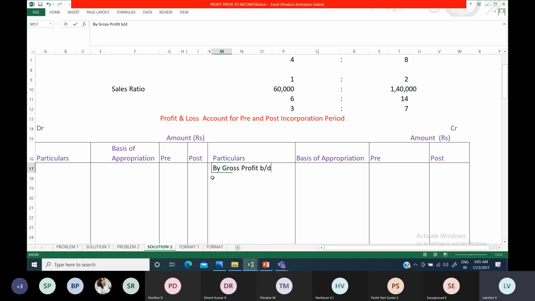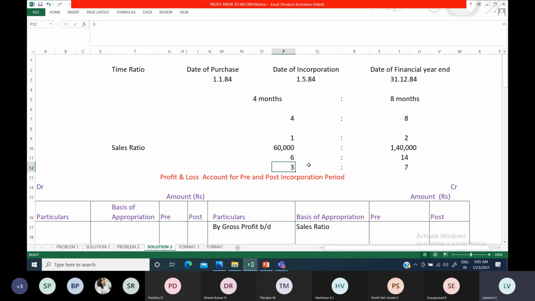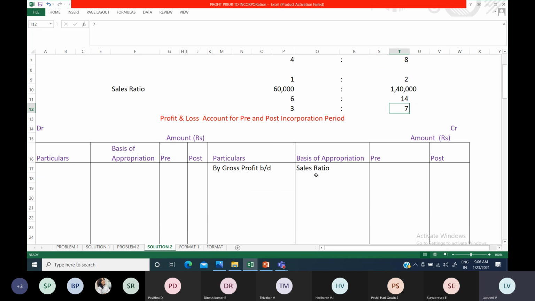It has to be done based upon the sales ratio. So mention here sales ratio, and the ratio we already calculated in the last class, 3 is to 7. Just mention that, 3 is to 7.